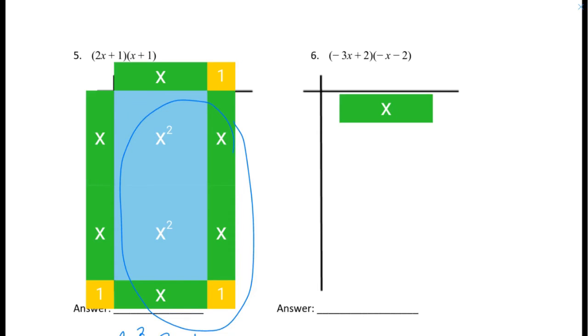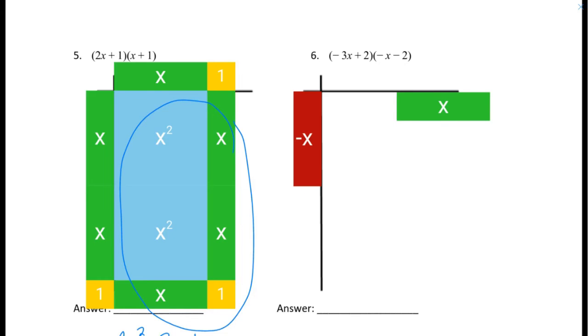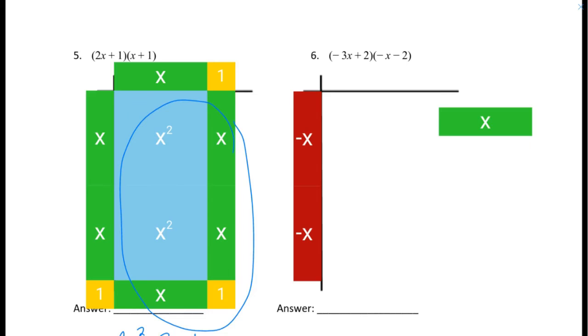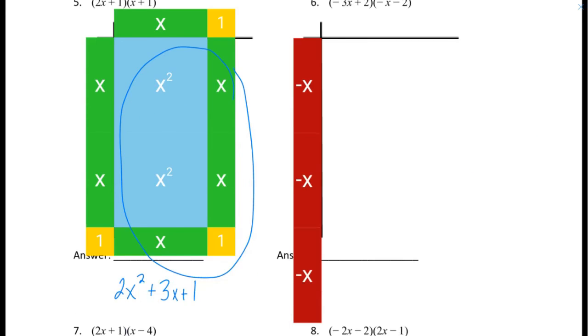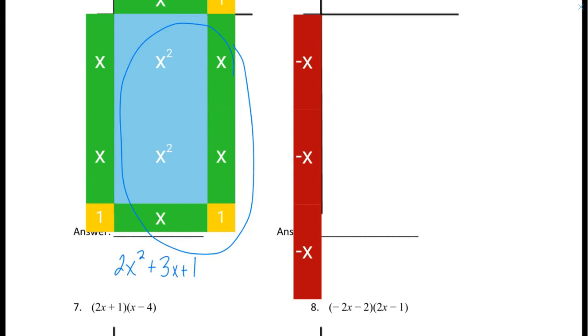This one, I know I'm going to run out of space because I have negative 3x and having trouble fitting 2. But let's go ahead and let's try to get that in there. And plus 2.